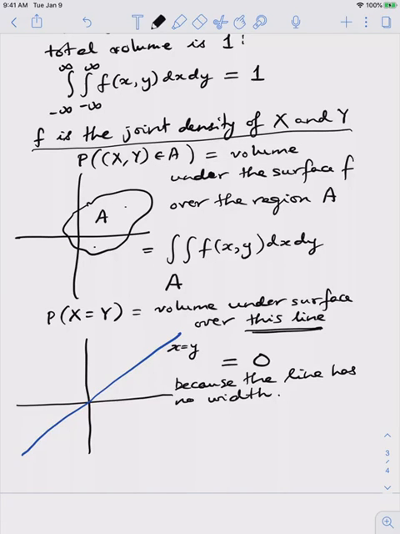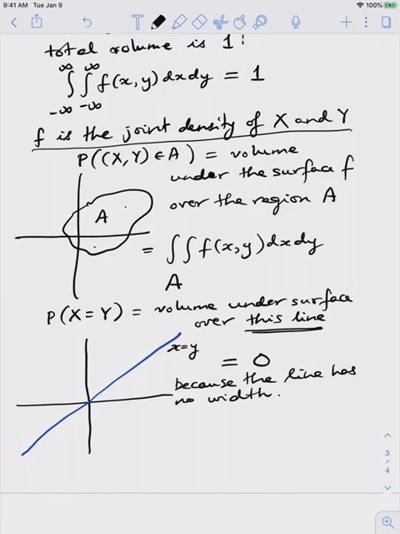This is the two-dimensional analog of what we saw in one dimension, which is that if you have a random variable x that has a density, then the chance that it's equal to any particular number little x is 0, because that's the area of a line, and that area is 0, and here you have the volume over a line, and that volume is 0.